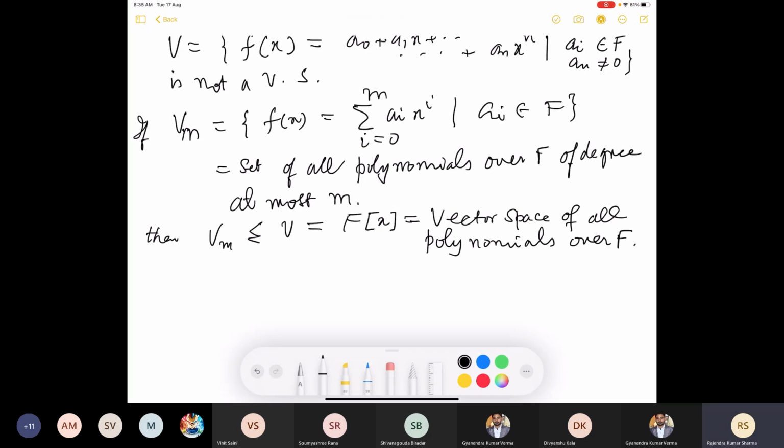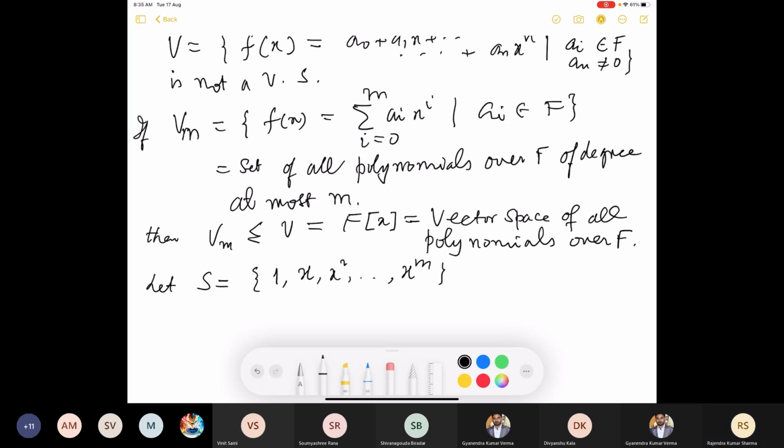Now for V_m, if you just take the set, say S, let us take the set S to consist of 1, x, x square, up to x^m, because it may also have the power x^m. Now this is a set consisting of these m plus 1 polynomials.